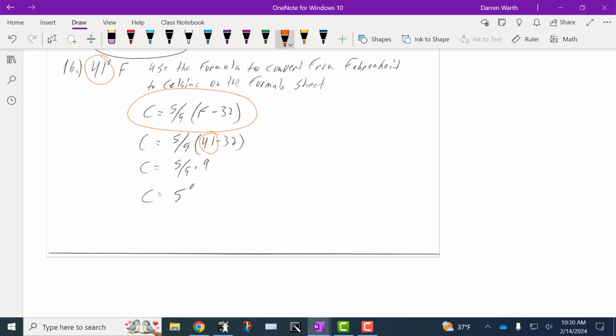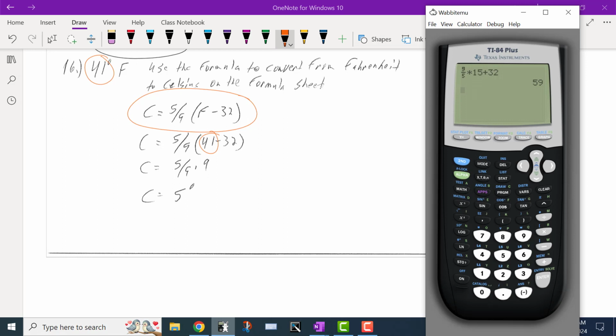Now that I've substituted that in, put it in your calculator. Create your fraction with alpha F1, you're going to have 5/9, and then type it in exactly as you see it, putting parentheses around 41 minus 32. That comes out to be 5. So 5 degrees Celsius is the same thing as 41 degrees Fahrenheit.